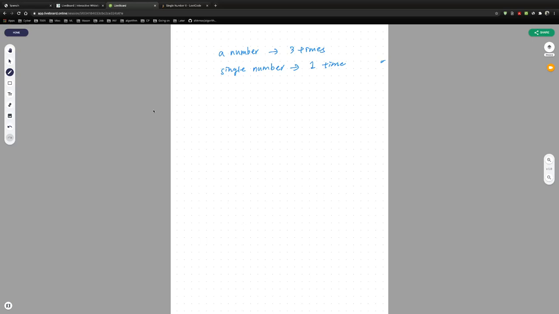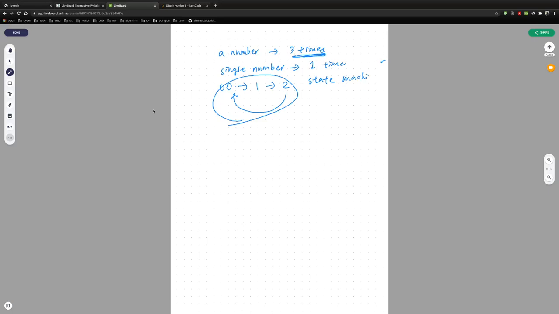First the initial state 0, then 1, 2, and when it becomes 3, it will reset to 0, because we want the number which appears 3 times to disappear. So this is the state machine.